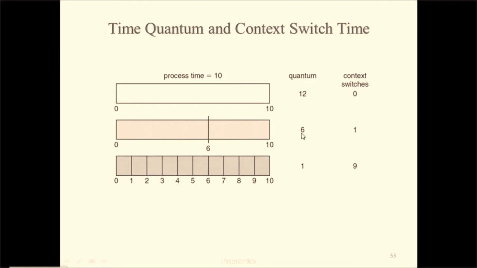Now, if the time quantum is decreased further to 1, the number of context switches for the same process will be 9, because it is given access to the CPU only for 1 unit of time at a time. So after every 1 unit of time, if there is another competing process, a context switch will take place.